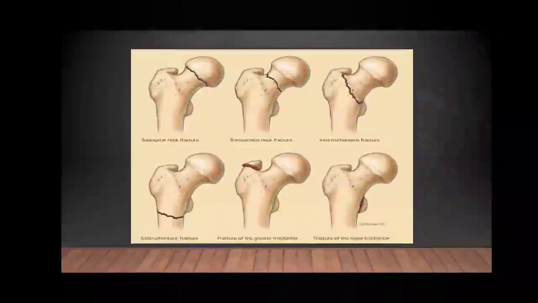A fracture below the lesser trochanter is called a subtrochanteric fracture. An isolated fracture of the greater trochanter is because of avulsion by the abductor muscles, and avulsion by the iliopsoas muscle gives a fracture of the lesser trochanter.